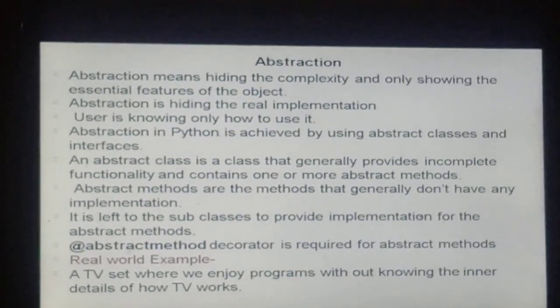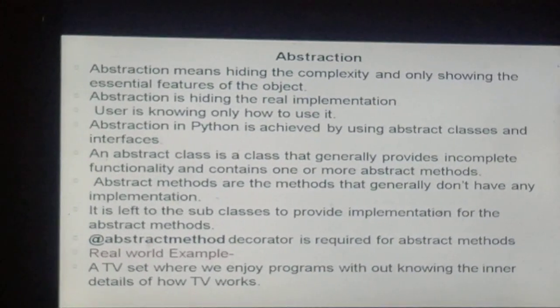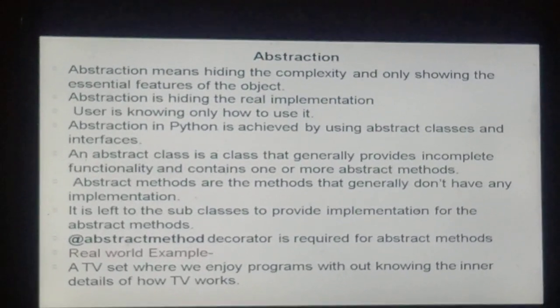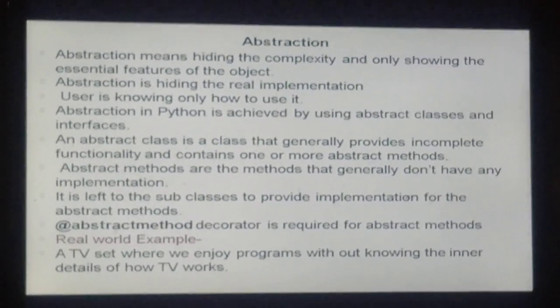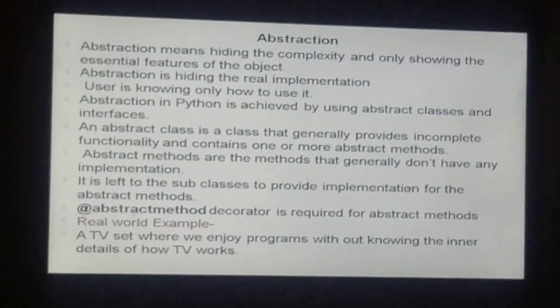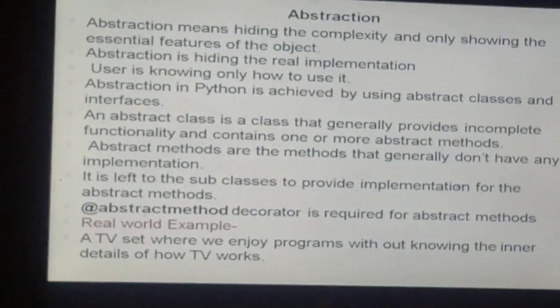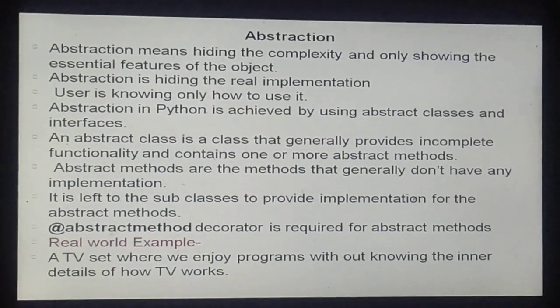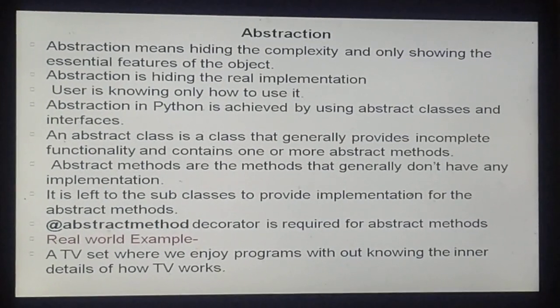In data abstraction, we hide the complexity. We show only essential features and hide the complexity of the program. Data abstraction refers to the process by which data and functions are defined in such a way that only essential details are represented and the implementation details are hidden.